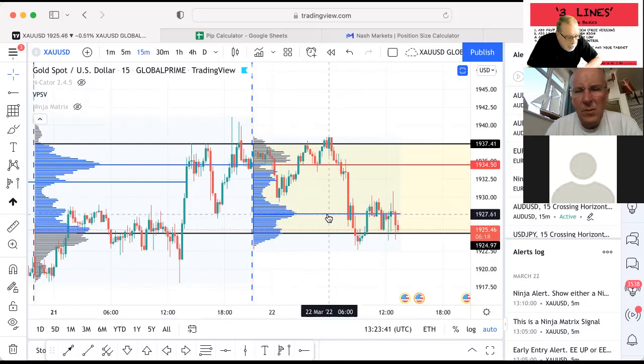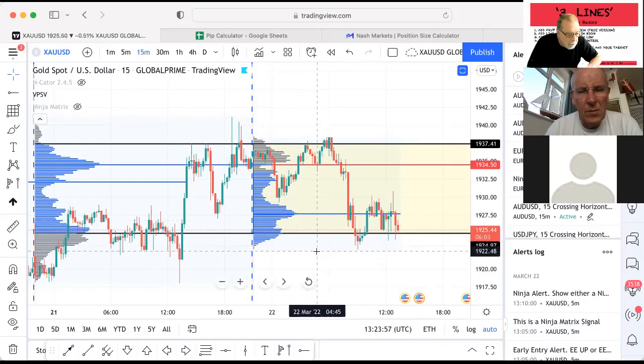This is today's point of control. The reason why we don't use today's point of control is it's still developing. We're only halfway through the day, and this can change over time. And I think last time I did a session, it actually changed whilst I was on the live. We spotted it actually move.